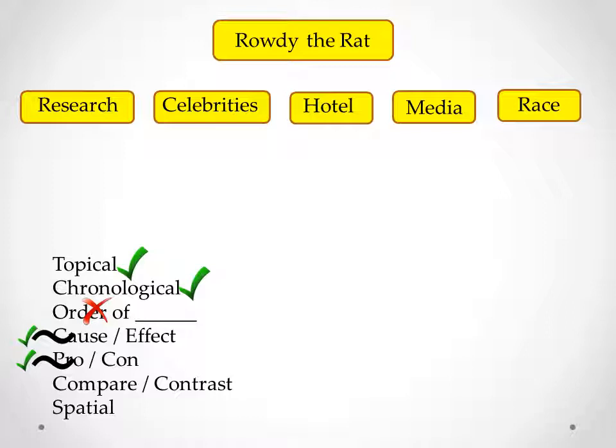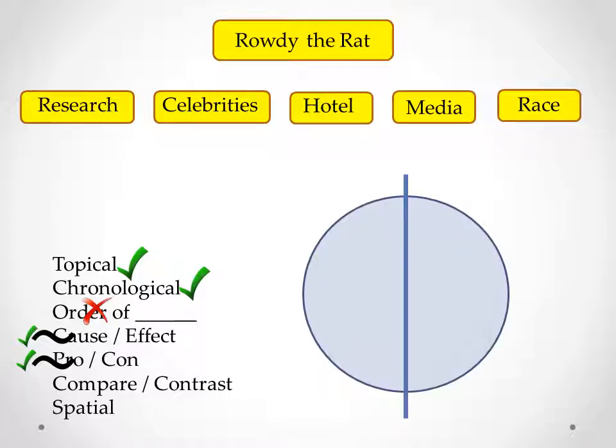So how would we arrange these spatially? Well, it's kind of odd, but you would have to think geographically. So let's pretend this is London. This big circle is London, and the line going through it is a north to south line straight through the middle of London. And let's pretend like the research laboratory is 15 kilometers to the west of the center of London.